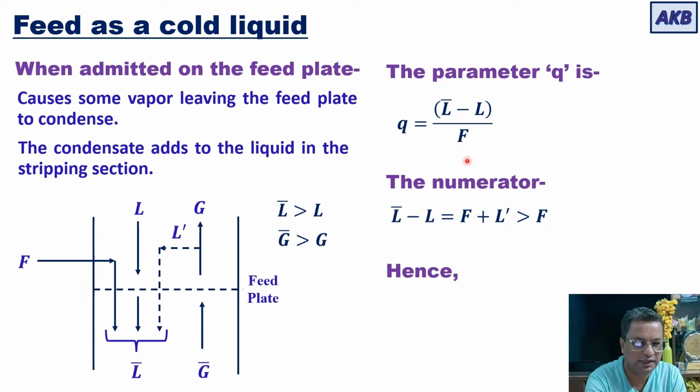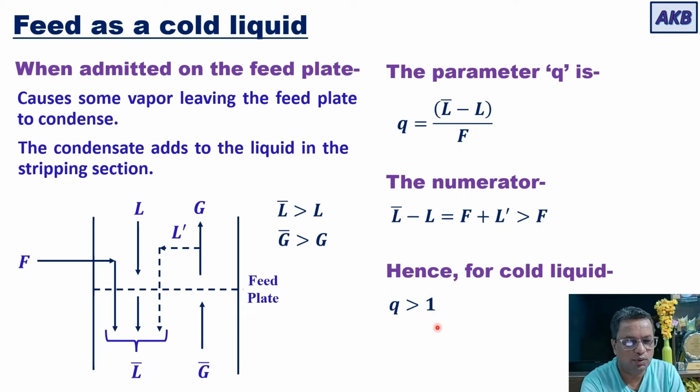And that's why Q will always be greater than 1. Okay, so for cold liquid, the parameter Q will have a value that is greater than 1. So this is to be remembered. For cold liquid, the value of the parameter is greater than 1.